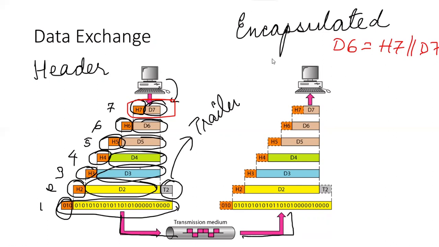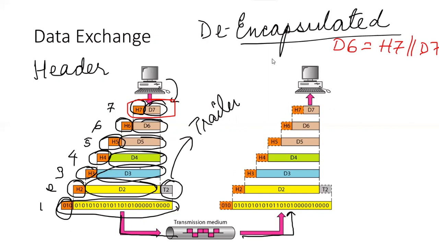So at the destination, you can see what happens. In the destination, just the reverse happens. On the sender side, you have encapsulation, and at the receiver side, you have de-encapsulation. I don't know whether a term like this actually exists or not, but let me just use this. De-encapsulation means it is going to strip off these additional headers and trailers that are added.